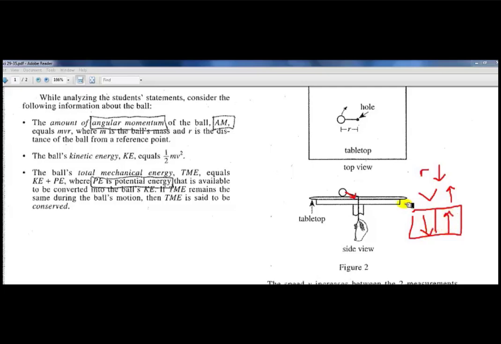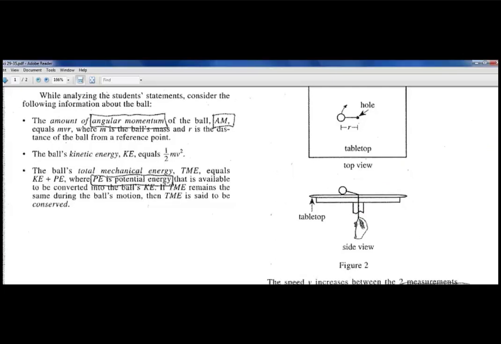And that makes sense because when you pull that string, the ball is going to speed to the hole, and the string length is going to get shorter. The string length is going to be R. So it's all about relationships. The other thing is this.